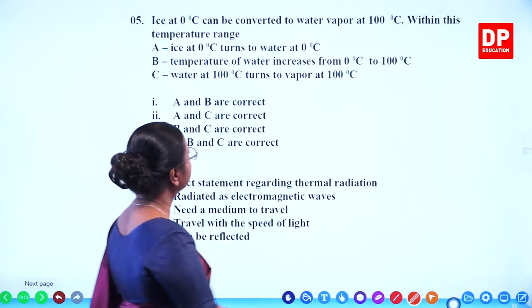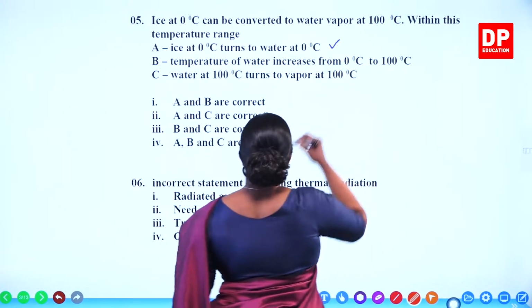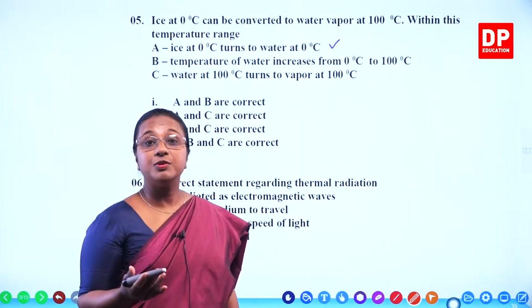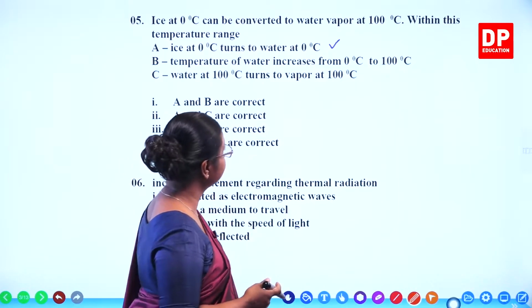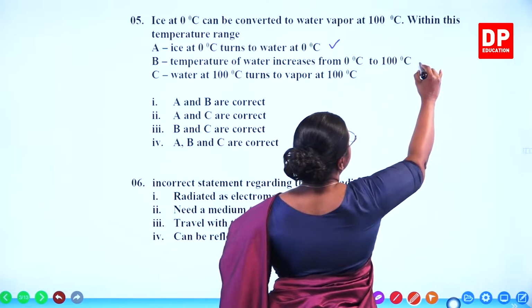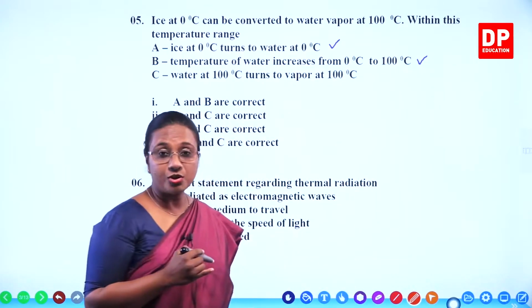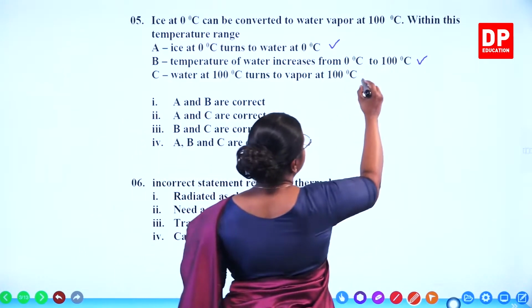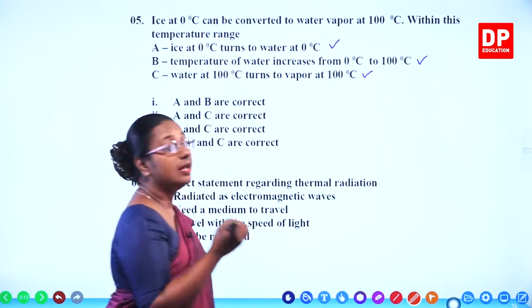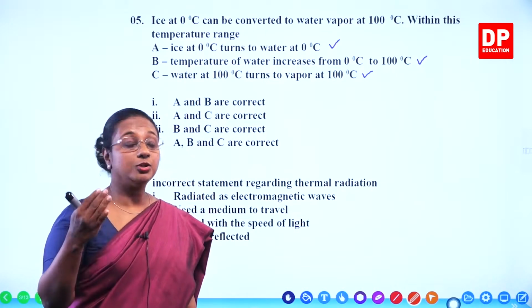That is also correct. So the first one, initially it is the melting or fusion of ice becoming water at 0 degrees Celsius. Then it is the increase in temperature, that is also correct, from 0 degrees to 100 degrees. And finally, it is boiling, the conversion of water to vapor.